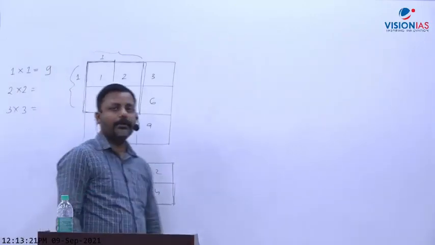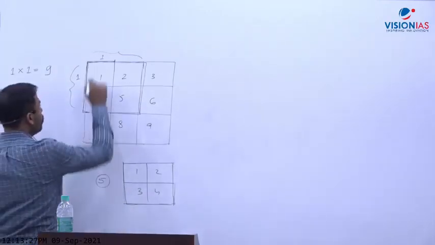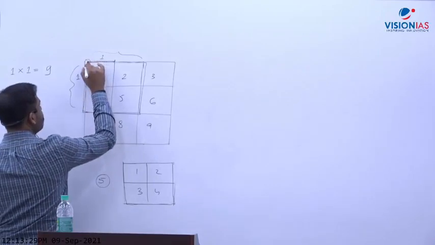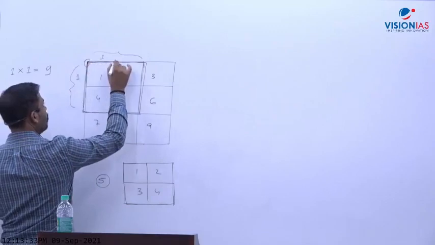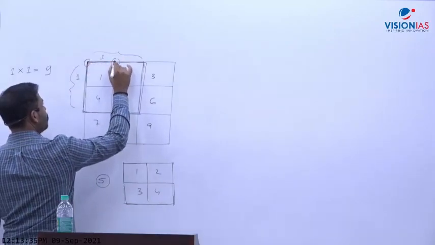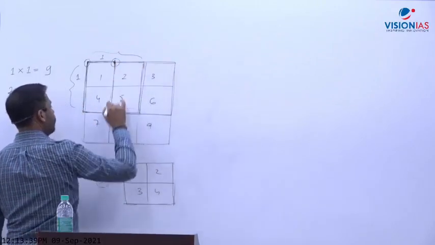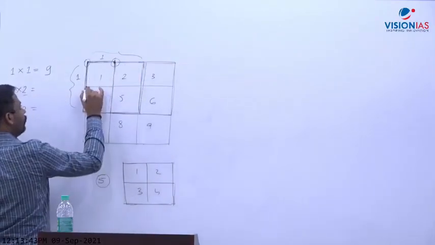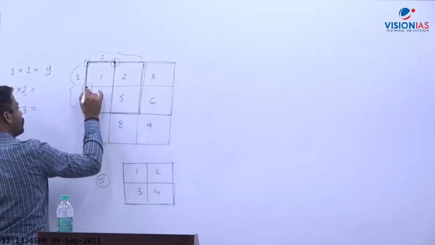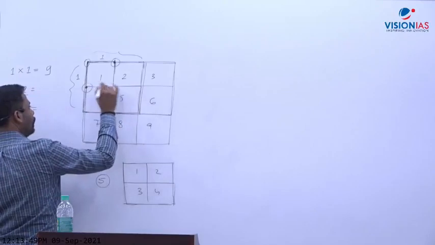Now let's count the number of squares having size of 2 into 2. So from this point, if you see, we are getting a square. This is square number 1. And from this point also, if we move ahead further on the right hand side, we'll get one more square. That is 2. Now from below, this is also a point. Here also we can draw a square of 2 by 2 size.